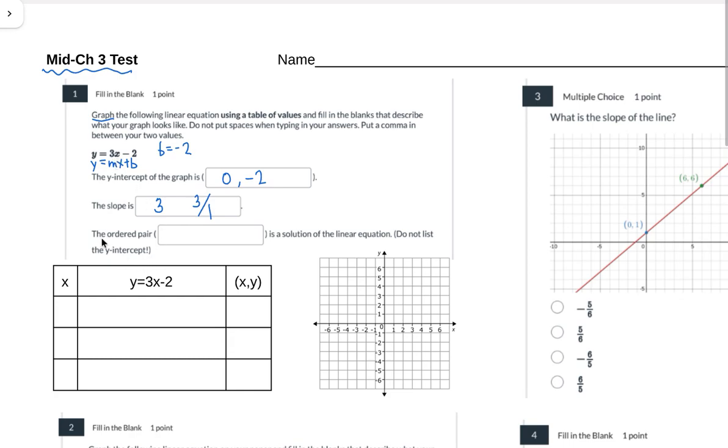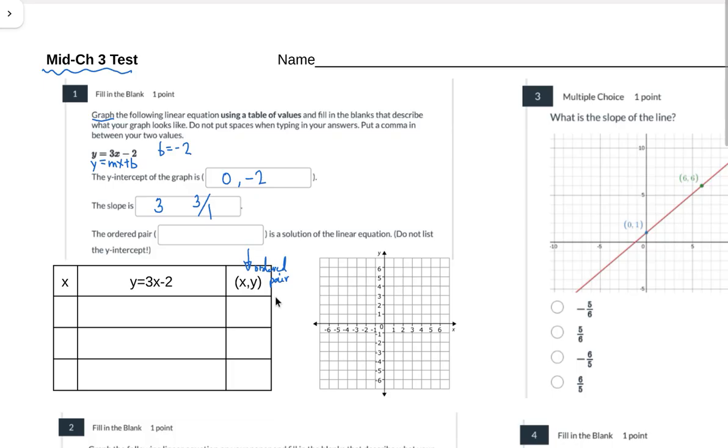The next question says the ordered pair blank is a solution of the linear equation. Do not list the y-intercept. So this is where our table of values comes in handy, because right here on our table of values, this x comma y is an ordered pair, okay? It's also called a coordinate point.